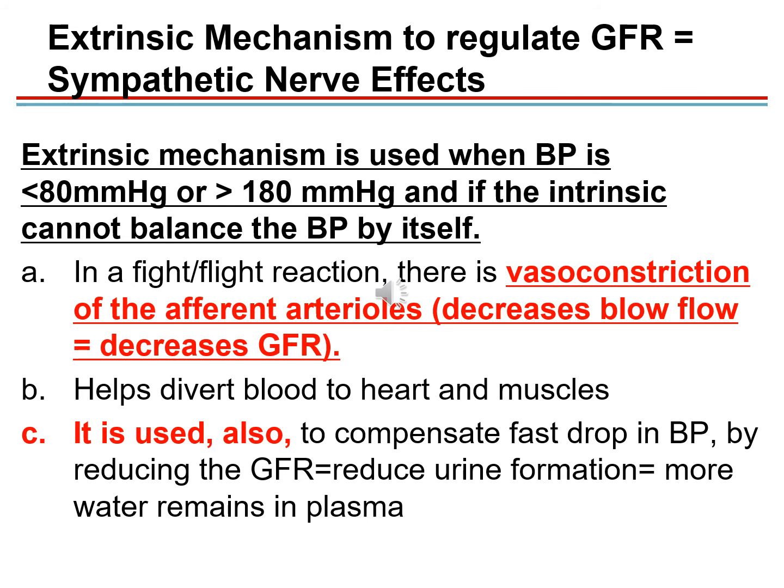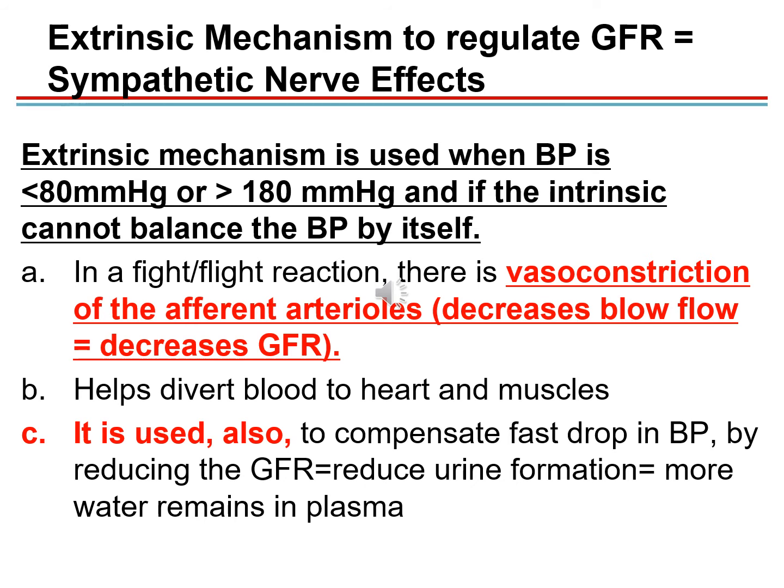It is well known that we engage the sympathetic nervous system in a fight or flight reaction or if we engage in exercise. In this scenario, it helps to divert blood to the heart and muscles and reduce the blood flow in other systems.